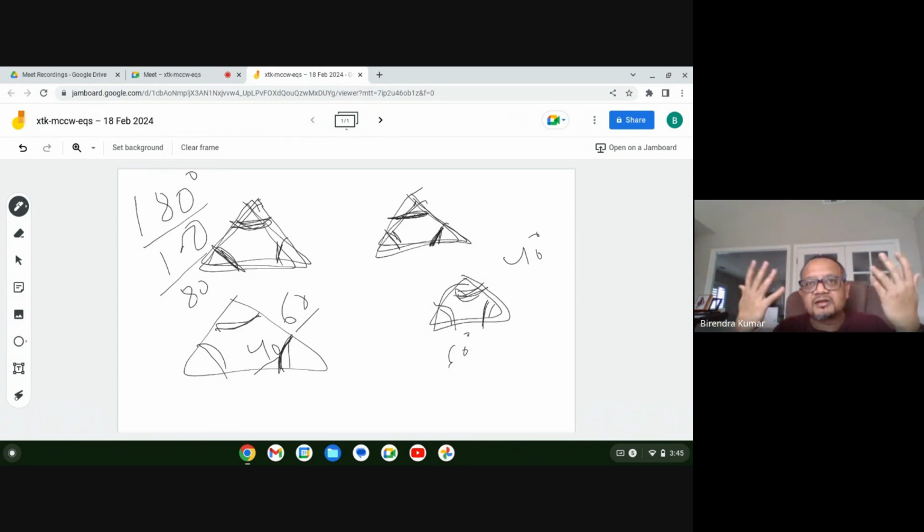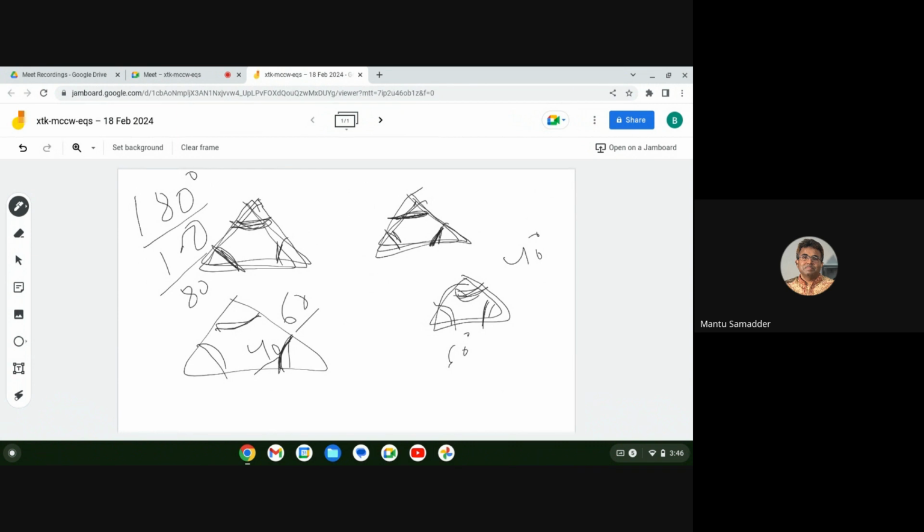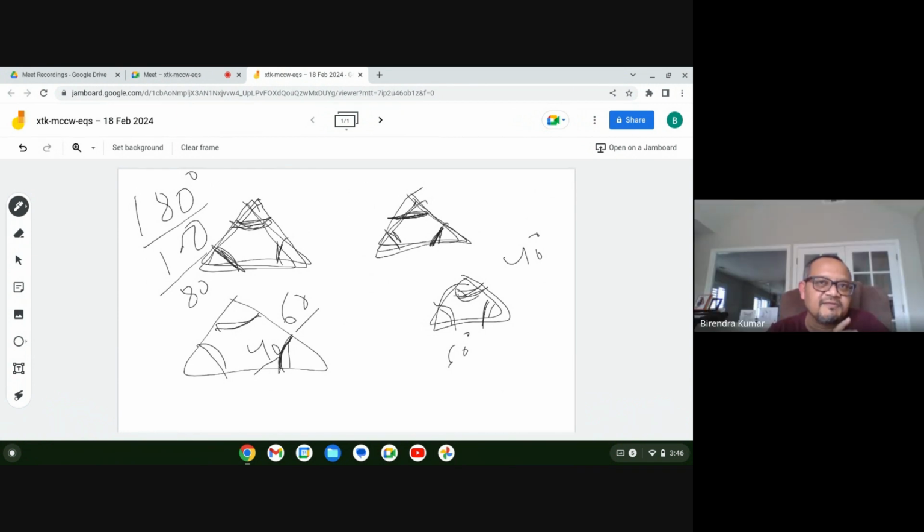Two triangles where the angles are matching, meaning one angle in a triangle has the same value in another triangle, and the second angle has a matching value in the second triangle. If two angles have already matched, the third angle will match by default because A plus B plus C is 180. A and B I already know, so the third is 180 minus (A plus B), and that will not change.